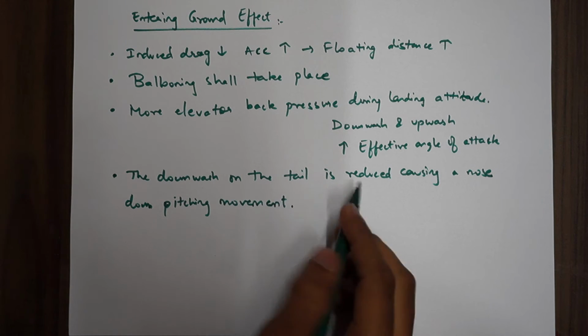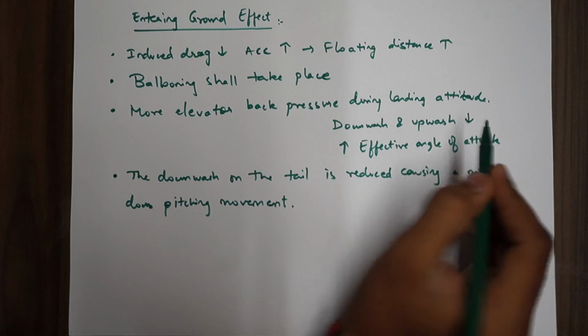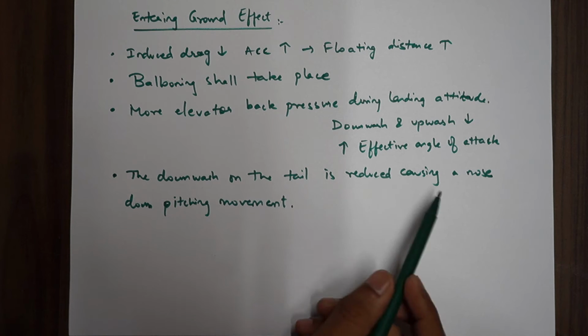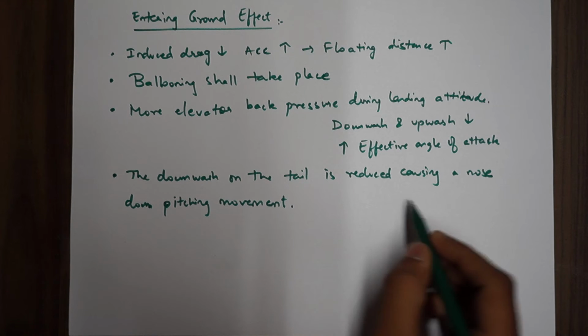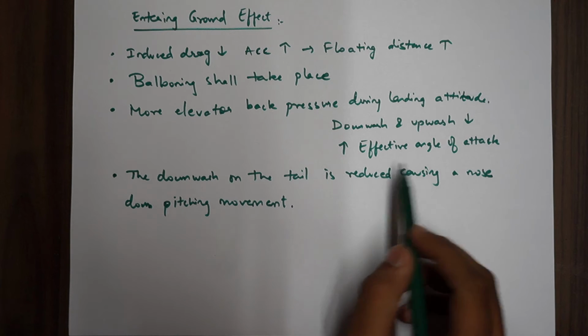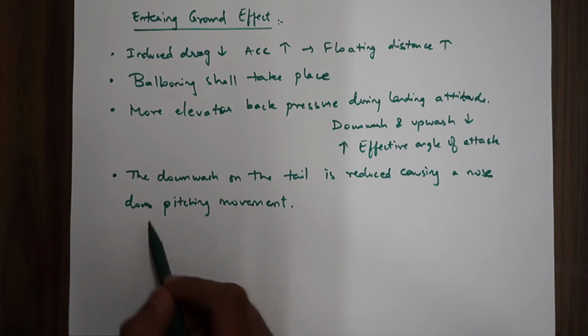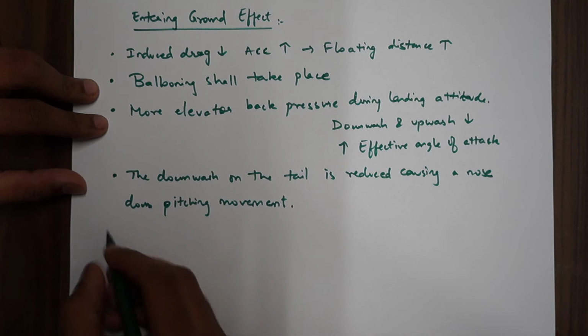This point is important because the downwash is reduced. We are discussing the definition of ground effect. The downwash and the upwash reduce. This causes a nose down pitching moment. Since your effective angle of attack increases on the tail plane, your nose will tend to come down. So hence the pilot has to apply more elevator back pressure.